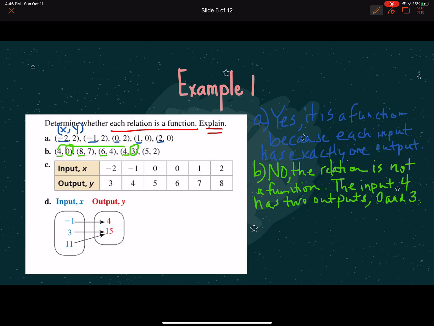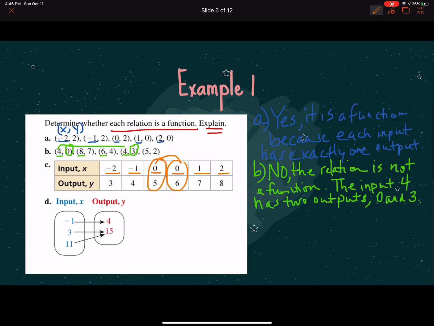So let's go through our x values and see if any of our x values or inputs are repeated. So as we're going along here, I start out with a -2, -1, 0, 0, 1 and 2. Okay, we have 0 being repeated with two different outputs.